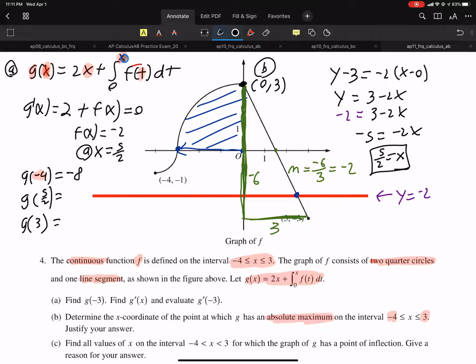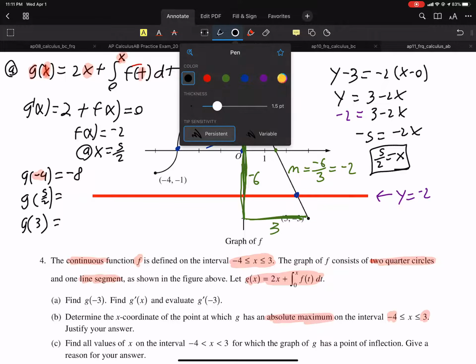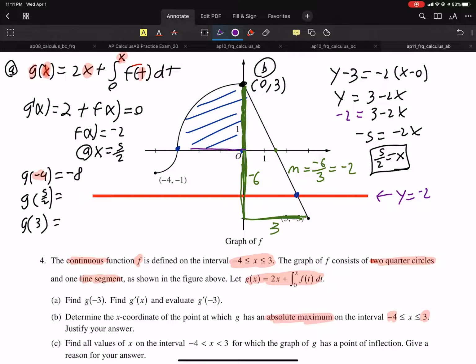So I'm going to actually go from here all the way to here. So that's going to be minus the area on top plus the area on the bottom. We have 2 quarter circles. So this one here we're going to add. So it's plus pi r squared over 4. And we're going to subtract this area. So it's going to be pi r squared over 4. So that's g of negative 4.